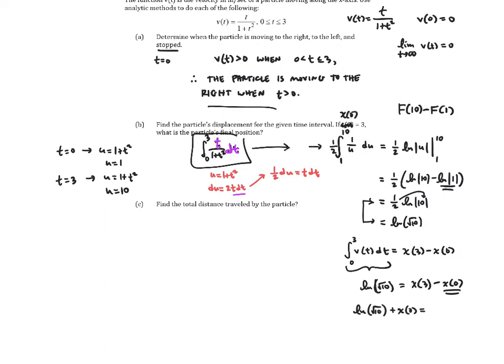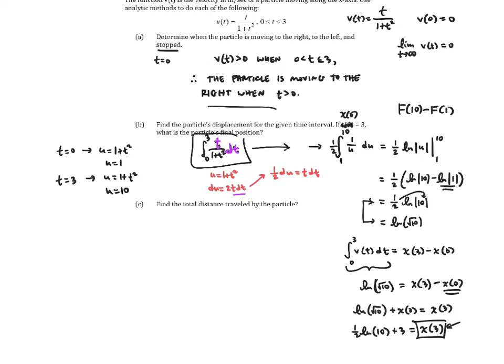Well, x of 0 is 3. So our position after 3 units of time would be half ln of 10, or ln of the square root of 10 plus 3. And that would be my finishing position, right? This would be my position at time t equals 3.